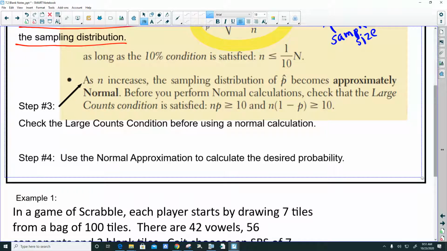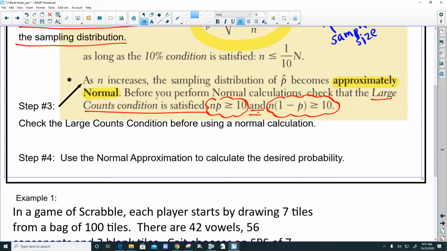The third step then is the shape piece. We can say that the shape is approximately normal if we have shown that the large counts condition is satisfied. And that would be, you have to show both of these, not just one. You have to show that the number of expected successes is greater than or equal to 10, as well as the number of expected failures.